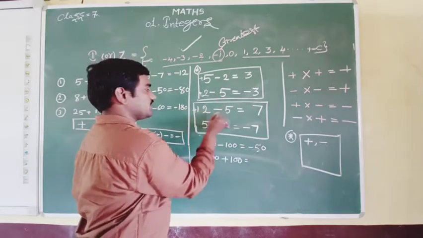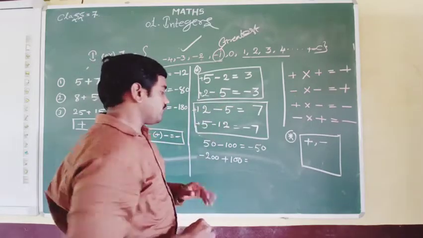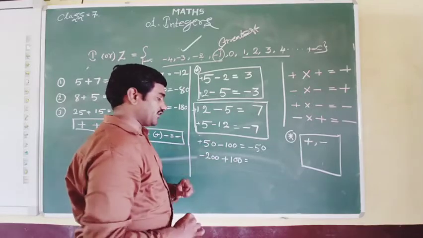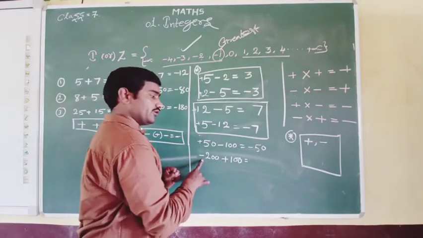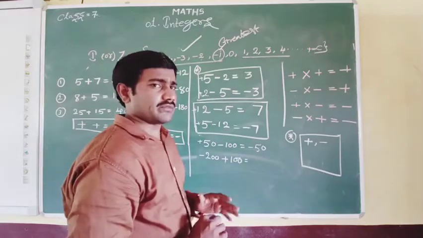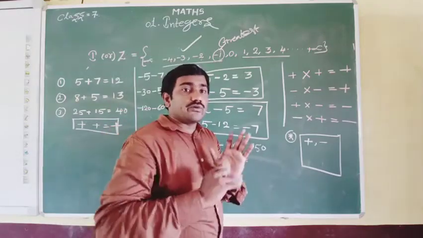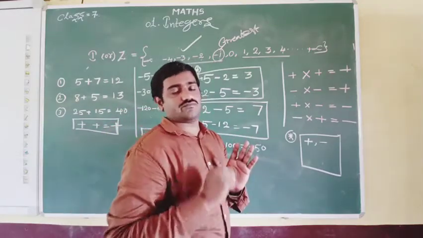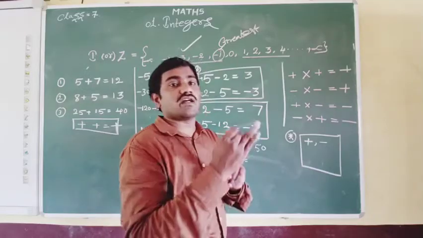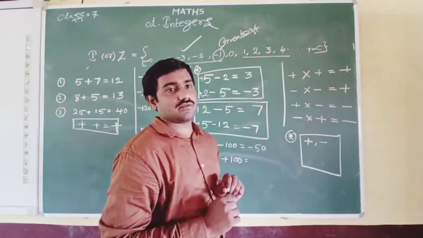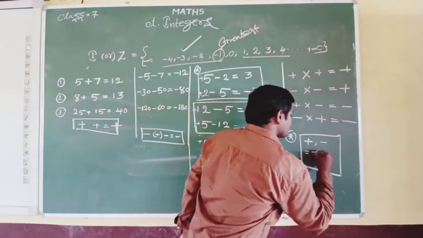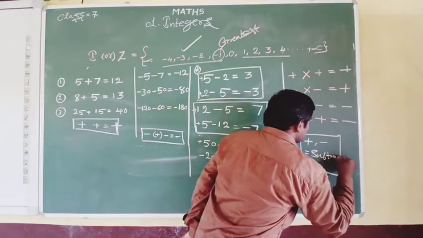When there is one positive number and one negative number, always do the subtraction.